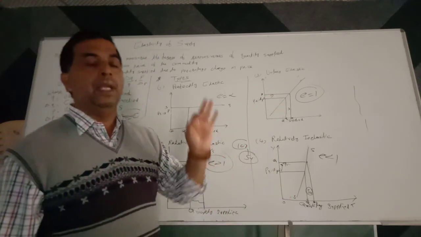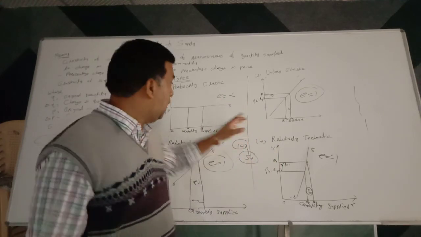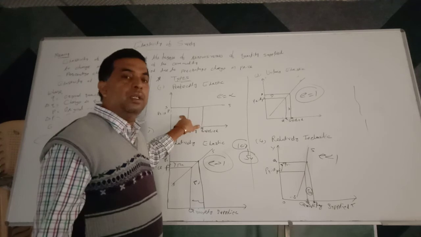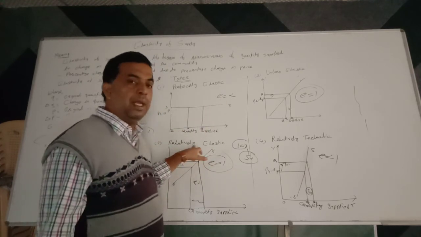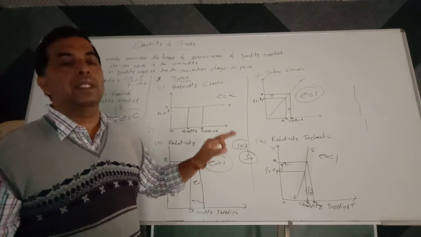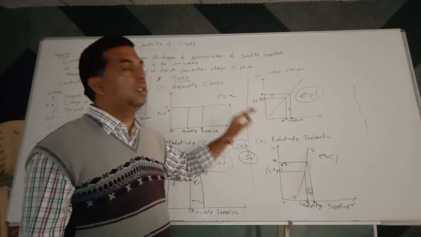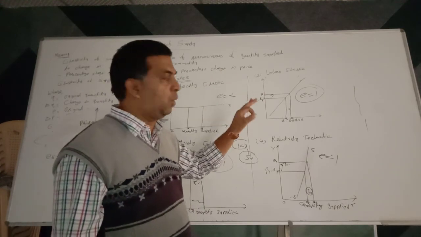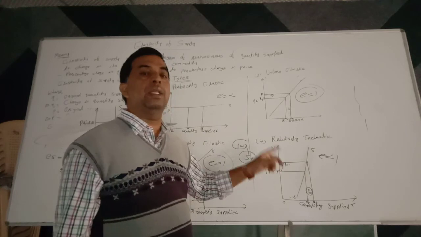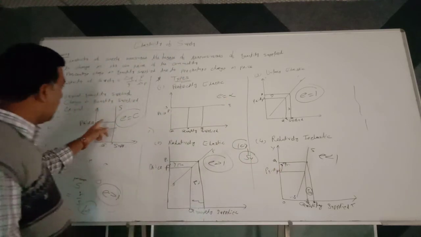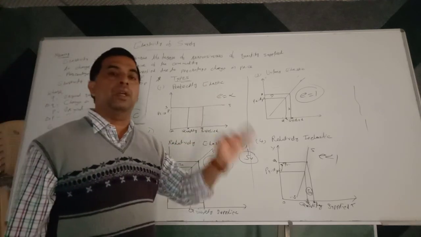Second is relatively elastic supply, where the value of elasticity is greater than 1. Third, unitary elastic, where the value of elasticity is equal to 1. Fourth, relatively inelastic, where the value of elasticity is less than 1. And last, perfectly inelastic, where the value of elasticity is equal to 0.